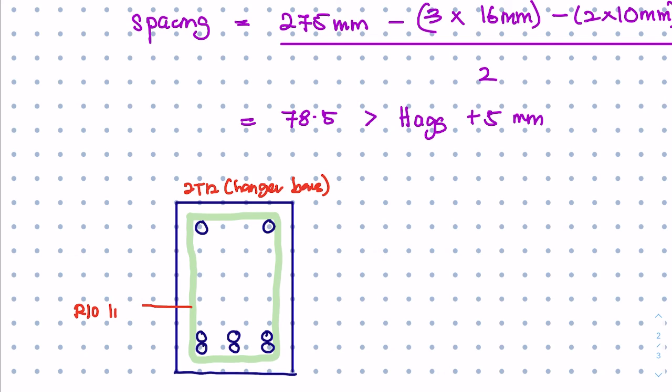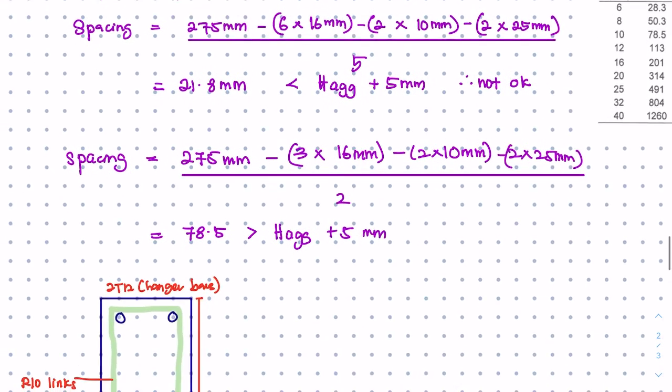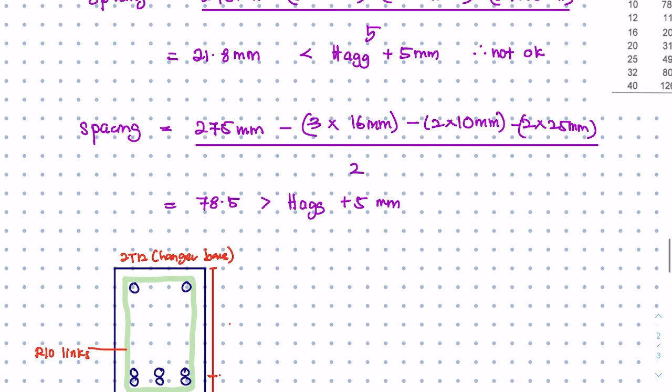R10 link, okay, 10mm, assume R to specify in the question, dah bagi FYV 250, so you tahu dia lah R. We also have the value of T yang kita kena letak. Okay, so D kat sini is 450.